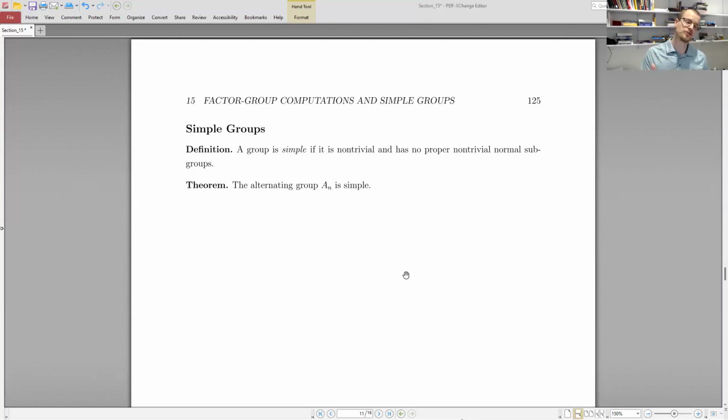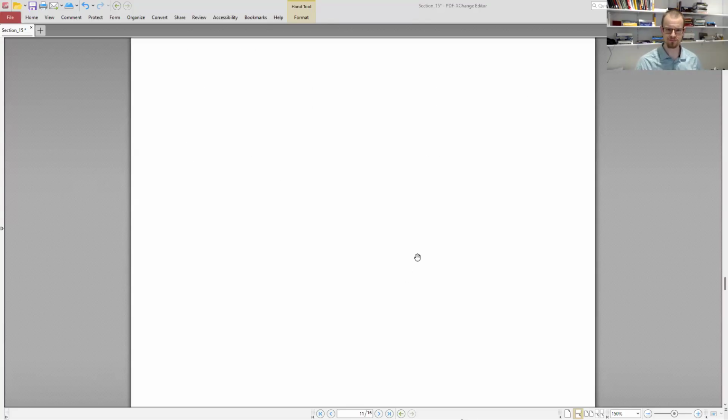You can only get a factor group by taking group mod normal subgroup. Well, there's no normal subgroup, so you can't do anything with it in terms of that. So you can't really condense or compress it in any way through modulo whatever normal subgroup.